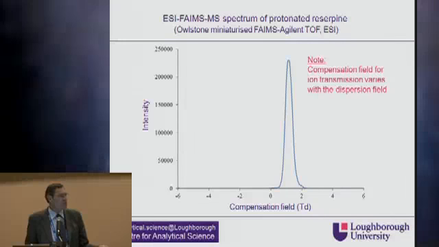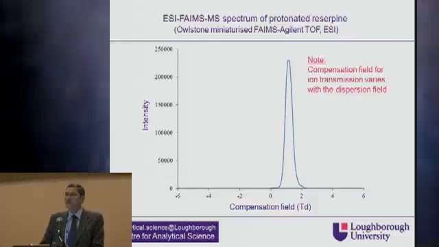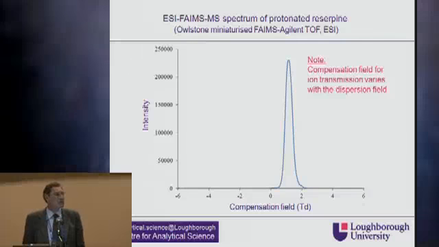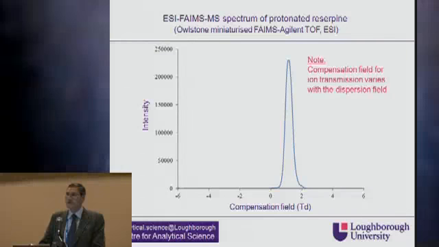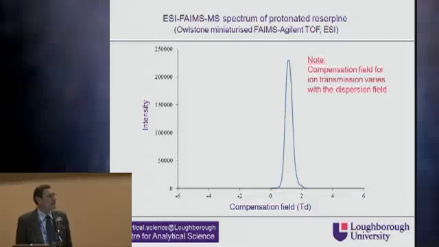We see there's a point around about 1 to 2 Townsend where the protonated reserpine is transmitted through the device because we've used a compensation voltage or field that compensates for the difference in the mobility under high field and low field conditions. And in the perfect world, every molecule, every ion would have a characteristic compensation field for its transmission and could be separated from all others. Sadly, it doesn't work quite like that.